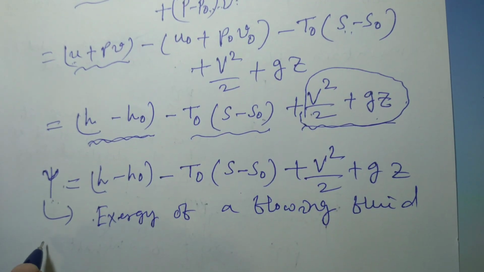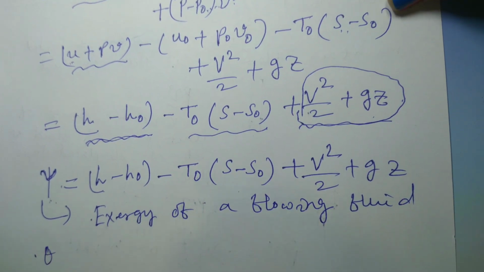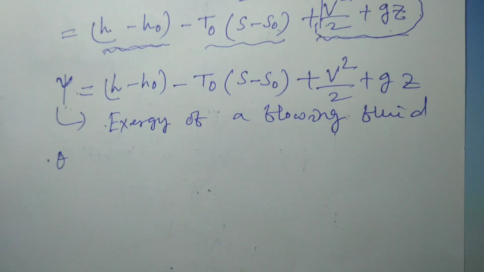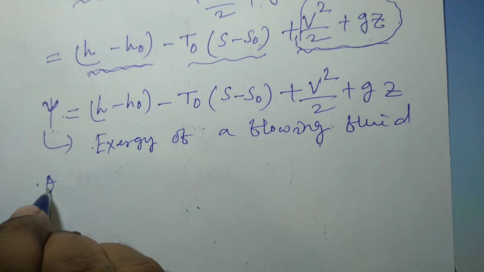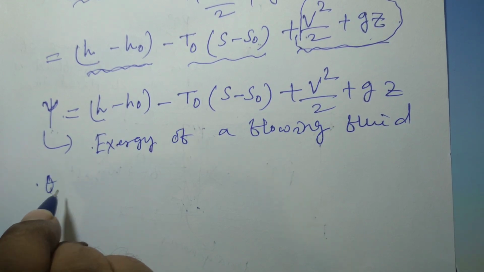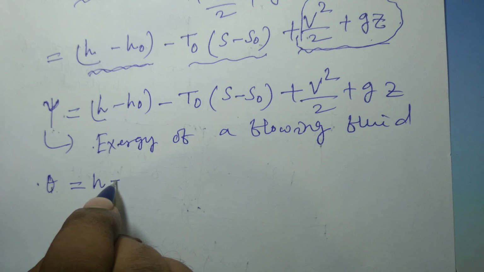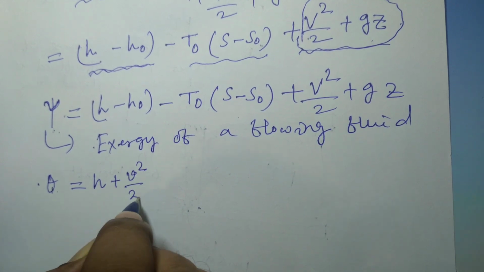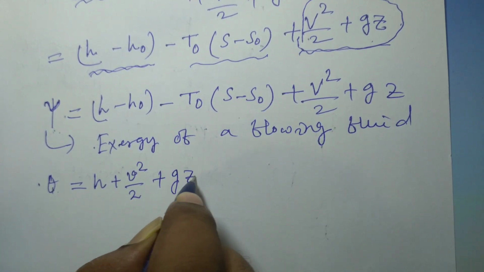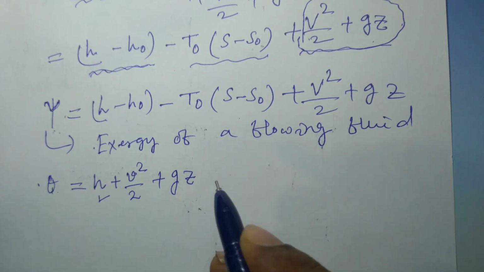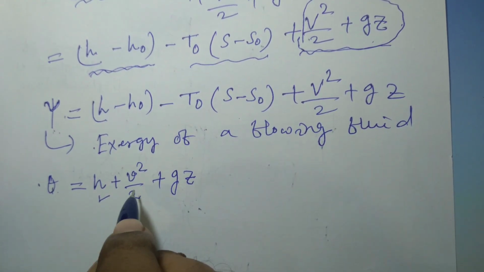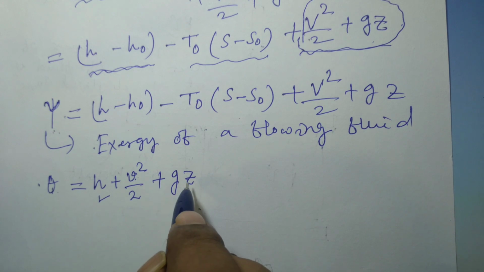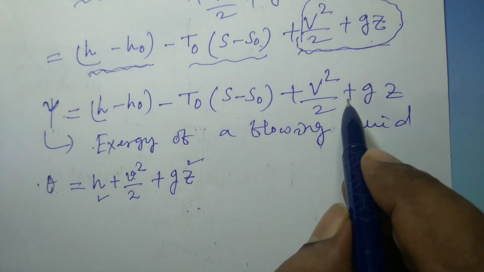And if you go into the energy of a unit mass of flowing fluid, we have already studied that in your earlier chapter while studying the energy balance principle. Theta represents the energy per unit mass of flowing fluid, and this is nothing but h plus V square by 2 plus gz, where h is the specific enthalpy of the flowing fluid, V square by 2 is the specific kinetic energy and gz is the specific potential energy.